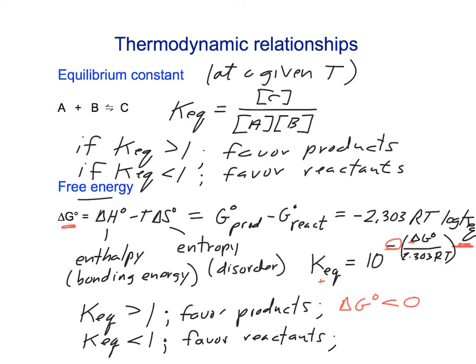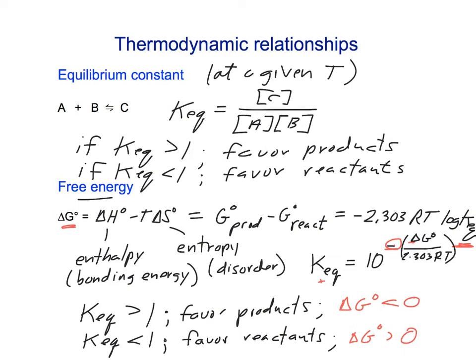So if delta G is positive, that will give an overall negative exponent. So this would be if delta G0 is greater than 0. Right? So negative delta G's will favor products. Positive delta G's will favor reactants.